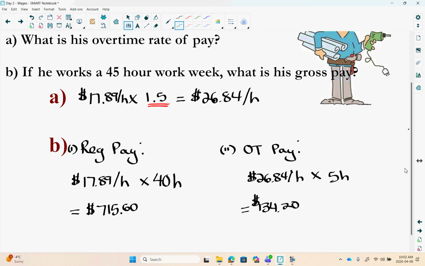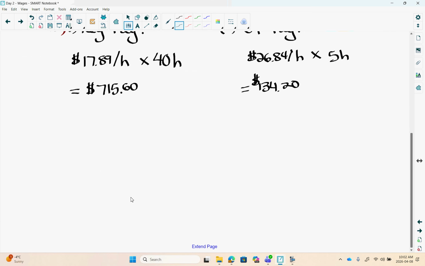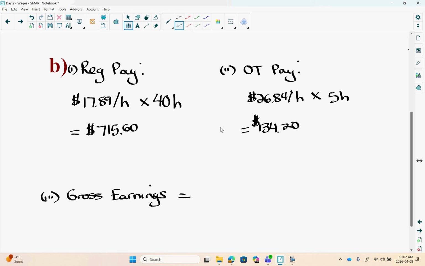How do I figure out his gross earnings? So step 3 are his gross earnings. What do I do with these two numbers? Multiply them, subtract them, add them, divide them. Add them together.